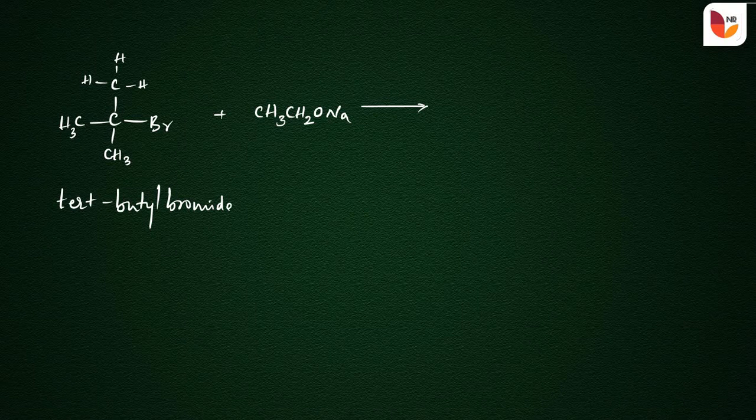So when the primary alkyl halides react with the sodium alkoxides, a substitution reaction takes place. But when the tertiary butyl bromide reacts with the sodium alkoxides, it undergoes elimination reactions.